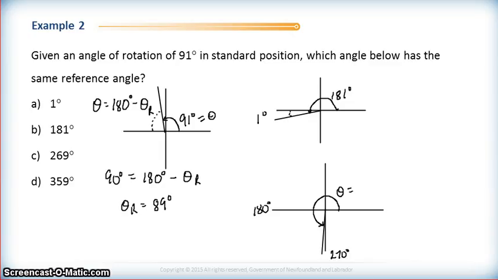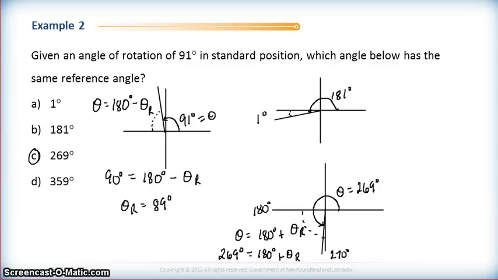So theta is 269 there, and in this quadrant, our angle theta is equal to 180 plus the reference. So we have 269 equals 180 plus the reference, which means our reference angle must be 89 degrees. Therefore, 269 degrees is the correct answer for this question.